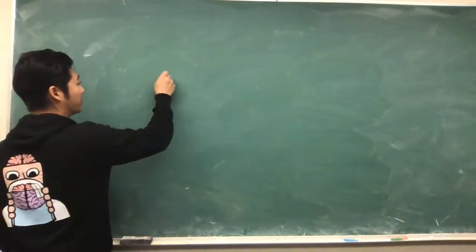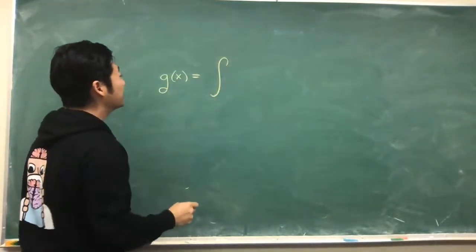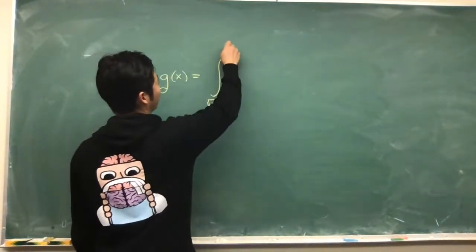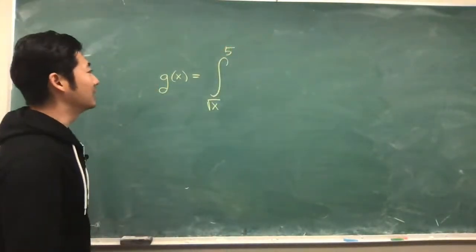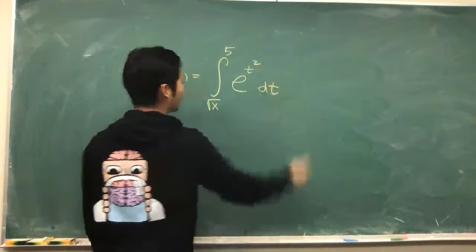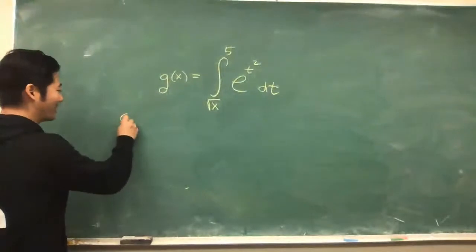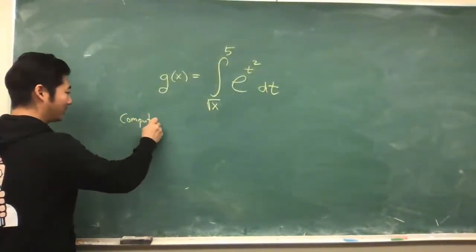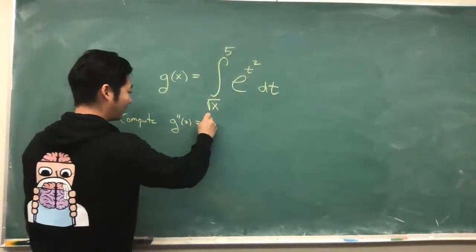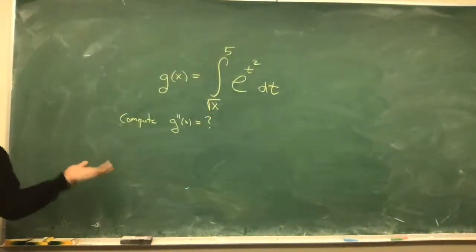So suppose we define a function g of x as the integral from square root of x to 5 of e to the t squared dt, and we want to compute g double prime. Then how can we do this?